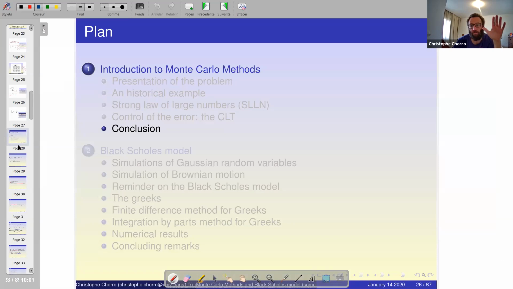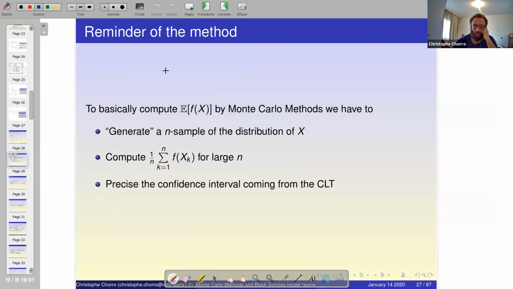So, conclusion of this first part. If I want to compute the expectation of a function of X, so it's my random variable here, by Monte Carlo methods, what do I have to do?